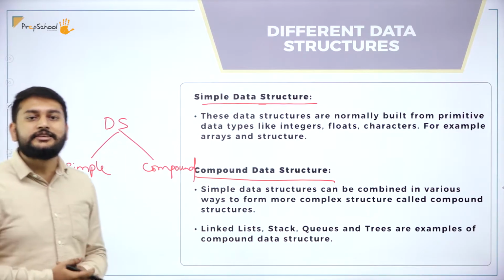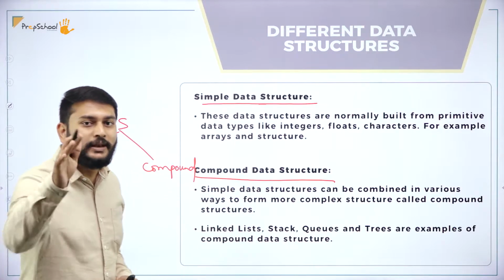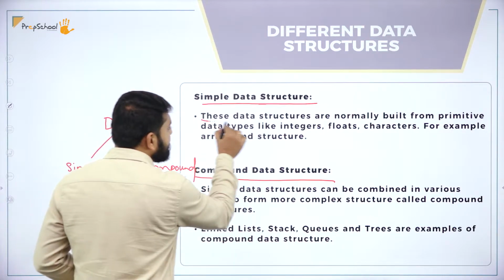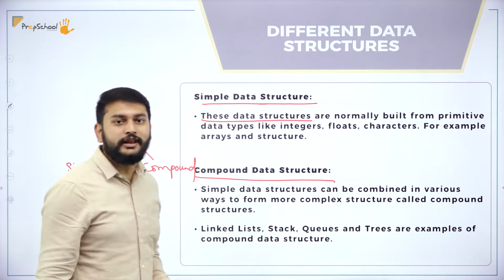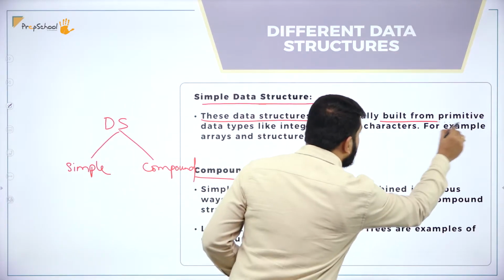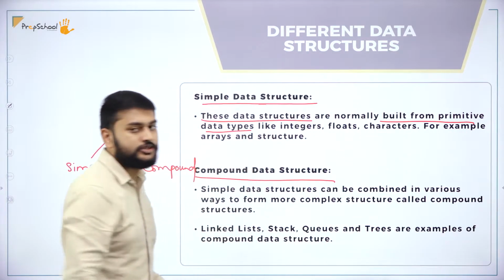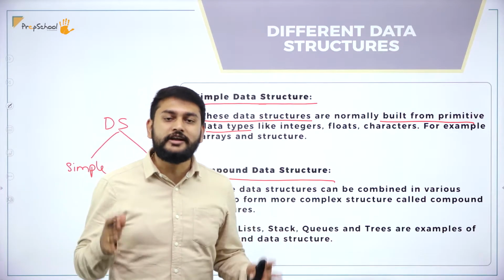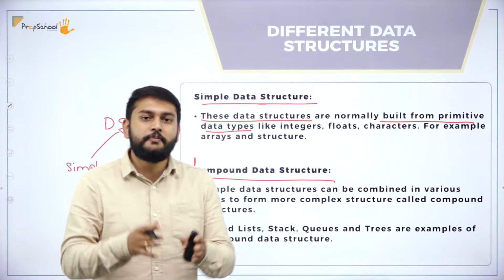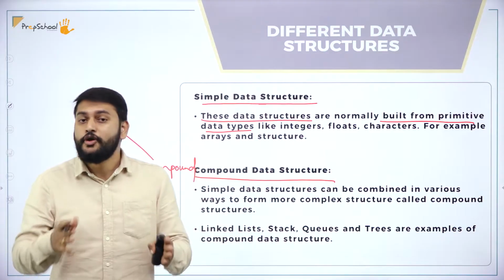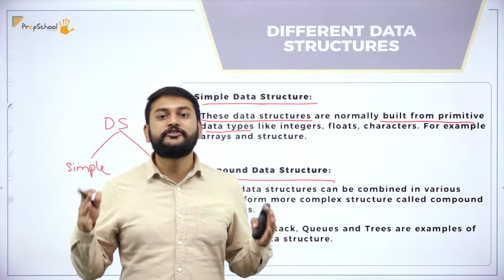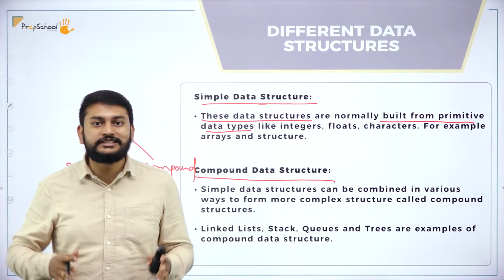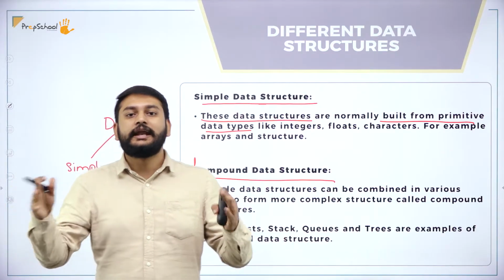What exactly is the simple data structure all about? Please listen to me carefully. These data structures are normally built from the primitive data types. Primitive in the sense what? Fundamental data types. Primitive in the sense basic fundamental data types.